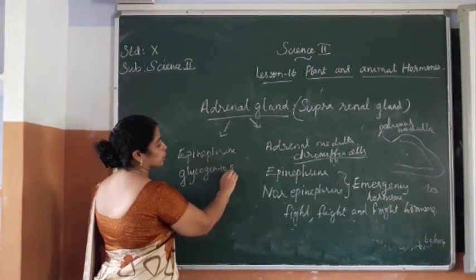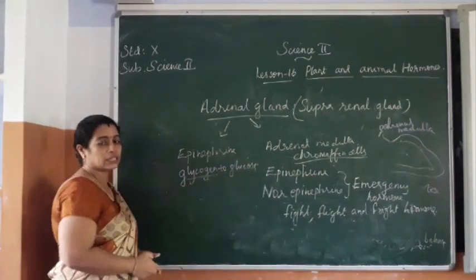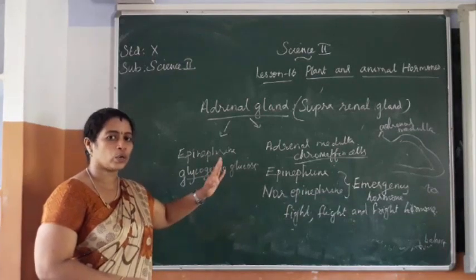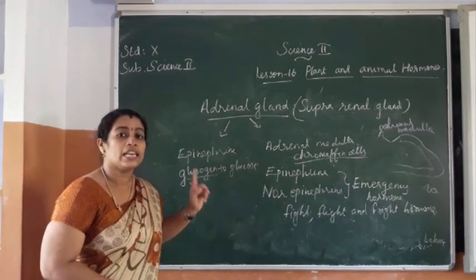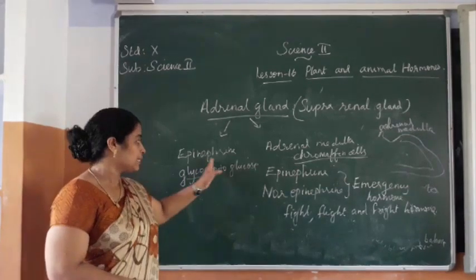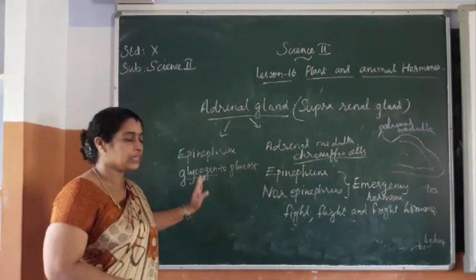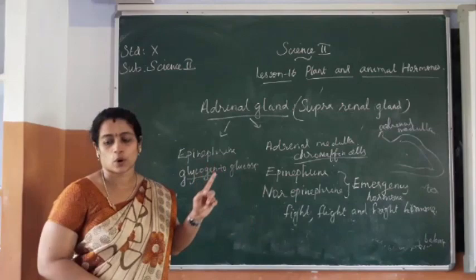Glycogen is stored in the liver and muscle. Already I told you, insulin stores glucose in the form of glycogen in the liver and muscles. This epinephrine will convert the glycogen stored in the liver and muscles into glucose. That's the first function.